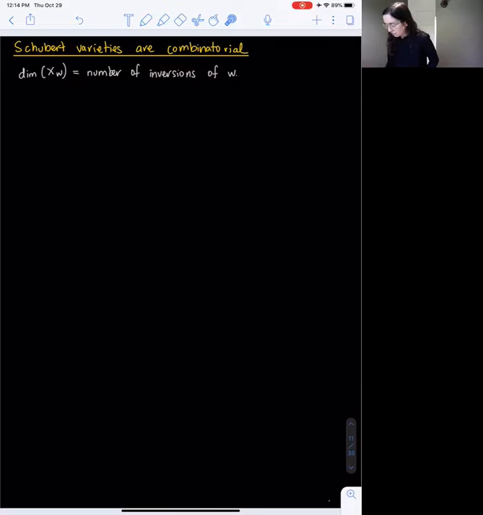The dimension of a Schubert variety is equal to the number of inversions of W. In case you're not familiar with that, it's just the number of pairs i, j such that i is less than j and W of i is bigger than W of j. In general, we will see a couple of instances of it, but there is this beautiful dictionary between combinatorics of permutations and geometry of Schubert varieties.